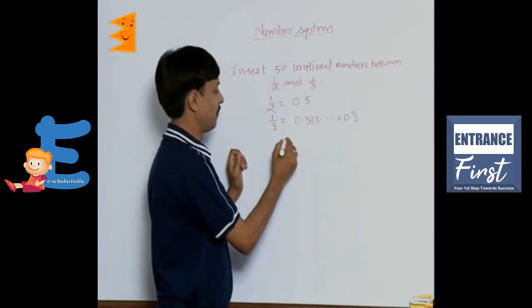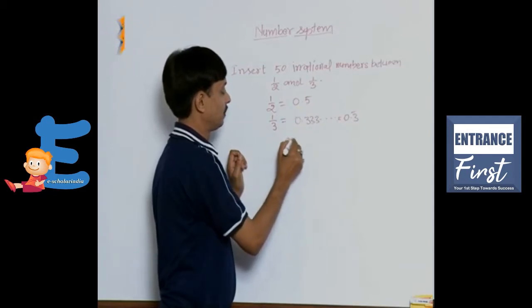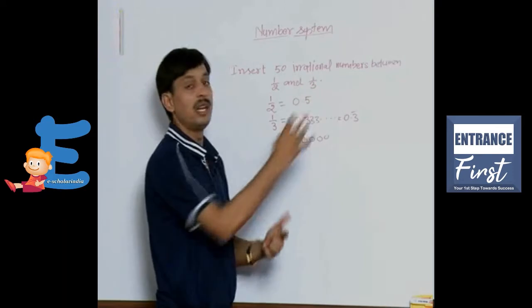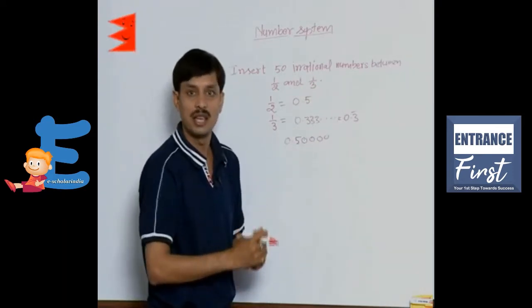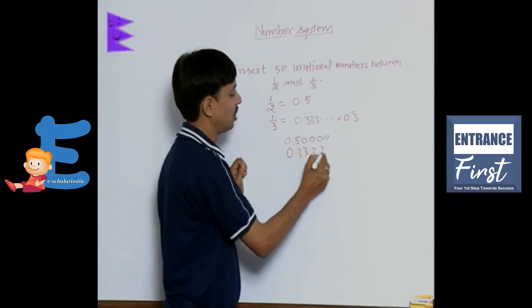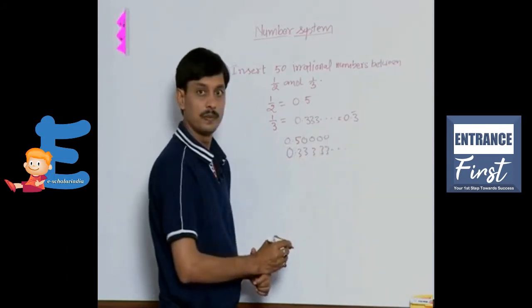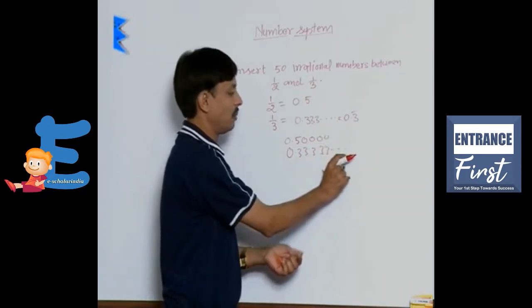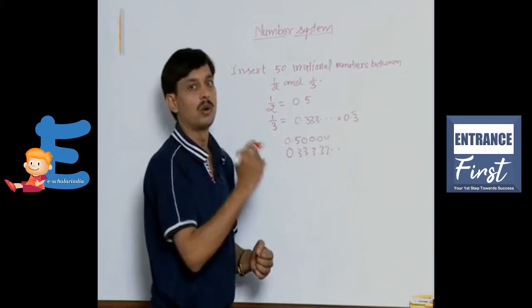I can say 0.5 can be written as 0.5000, as many zeros as I want to write. And next is 0.33333 dot dot dot. The first is terminating, so no dot dot dot. The second is non-terminating, so I am putting dot dot dot.